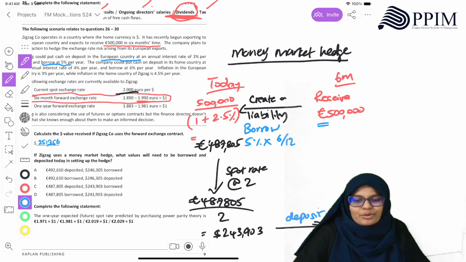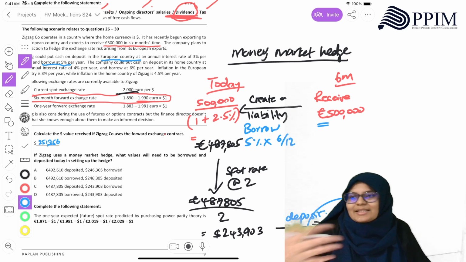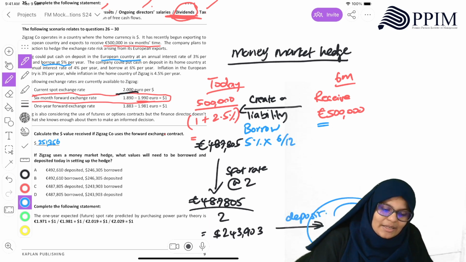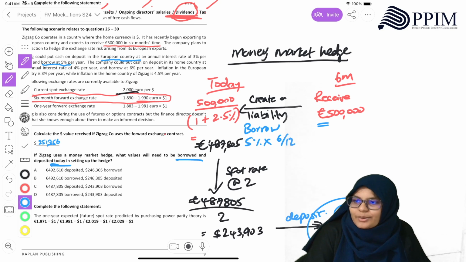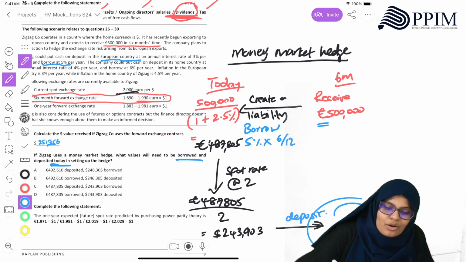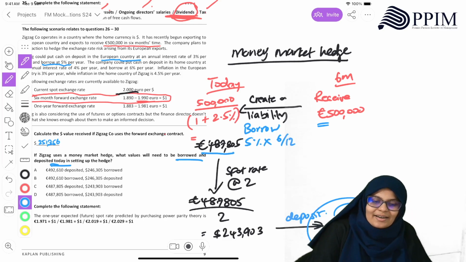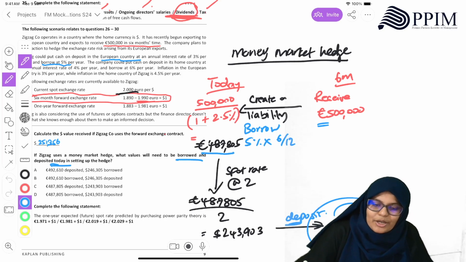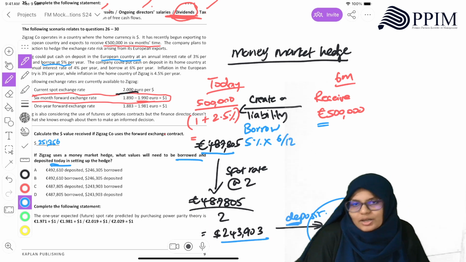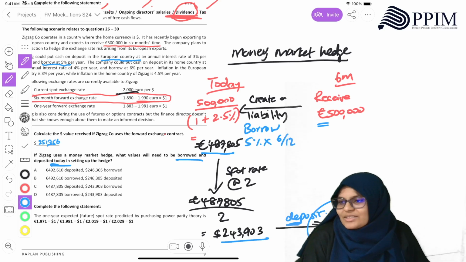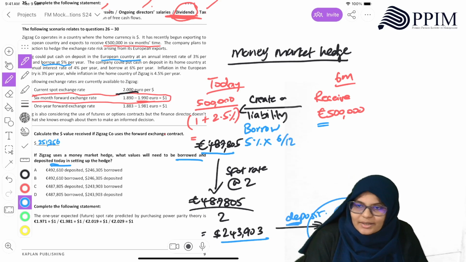But then I don't have to do this part because that will give me 6 months, right? The question is asking me what will need to be borrowed and deposited today. So everything to do with today I have already figured out, right? So I am going to borrow 487,805 euros and I am going to deposit $243,903. So what I am going to do today is very clearly there in the money market hedge, right?